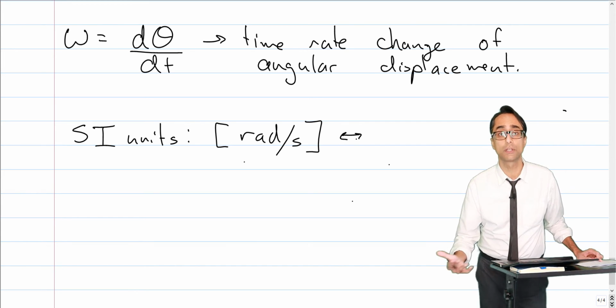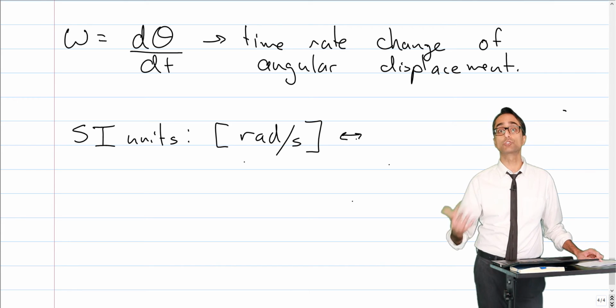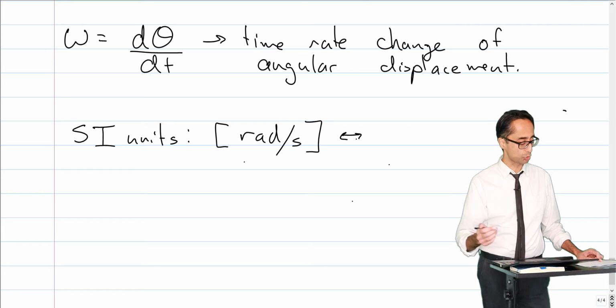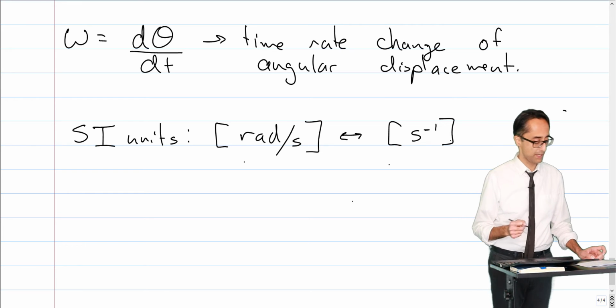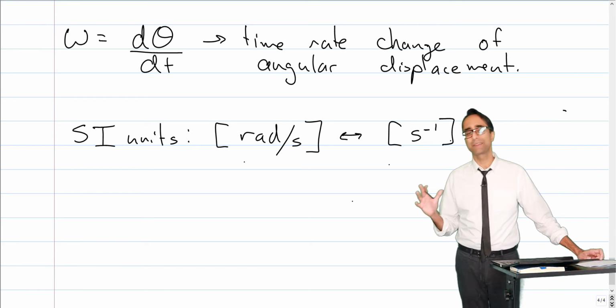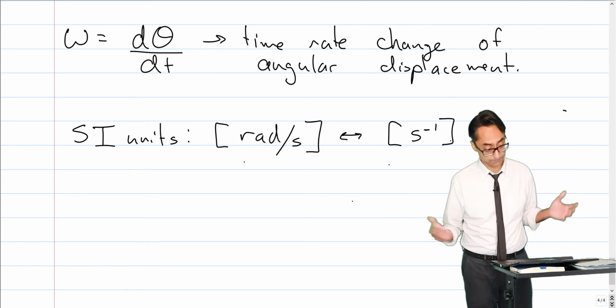It's not like meters. Radians is a description of how much of a circle you have. What fraction of a circle do you actually have? And so sometimes they'll leave off the radians, and it'll often be written as 1 over s, or s to the negative 1. It's unlikely you'll see that in first year, but you may in upper years.